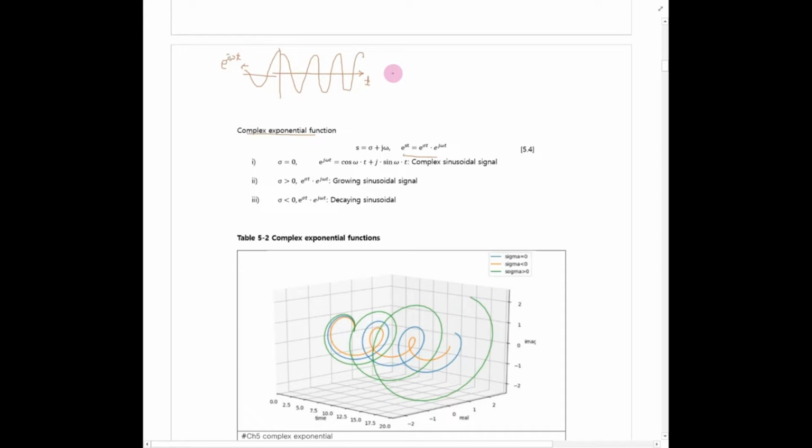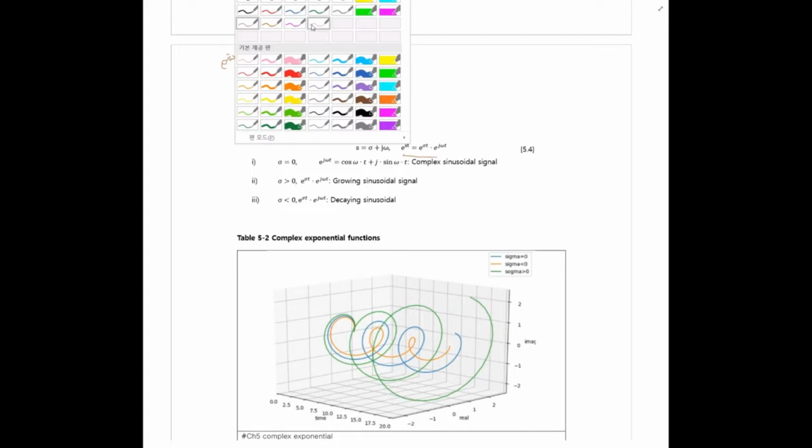But what about the complex exponential function, e to the st? Let's look at this one.